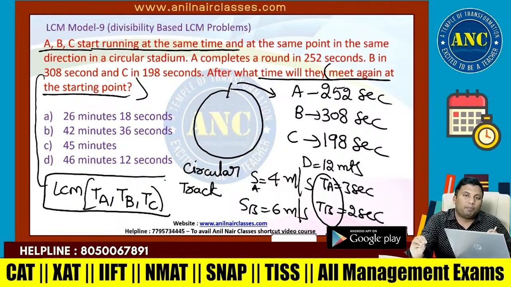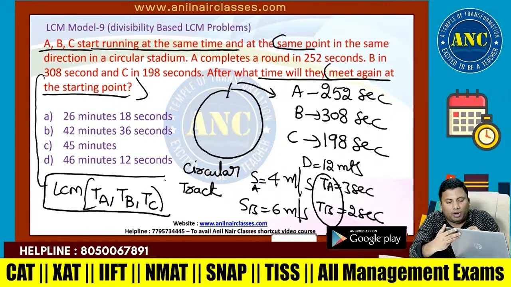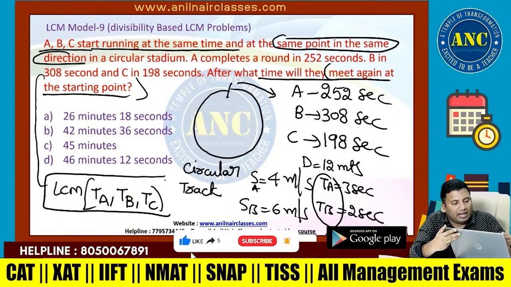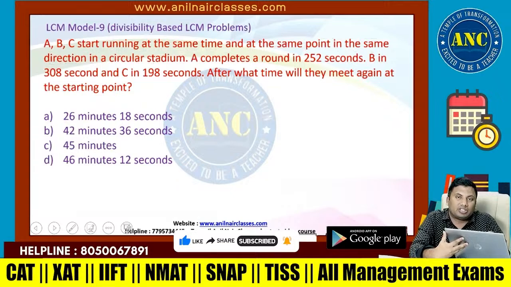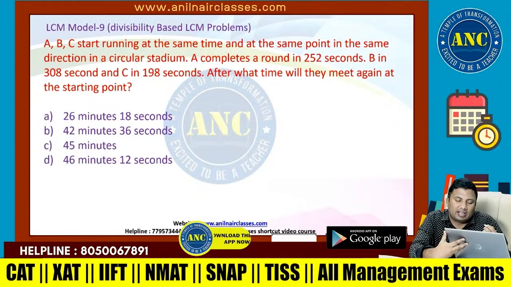If three people are starting from the same point and in the same direction, the time taken to meet again at the starting point is the LCM of TA, TB, TC. I will discuss this point again in time, speed and distance, after linear track and circular track.